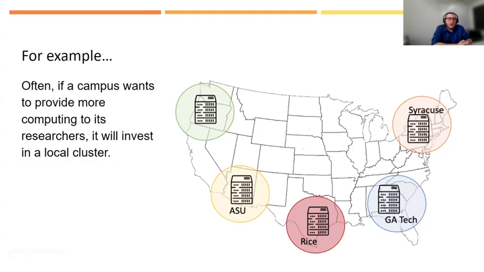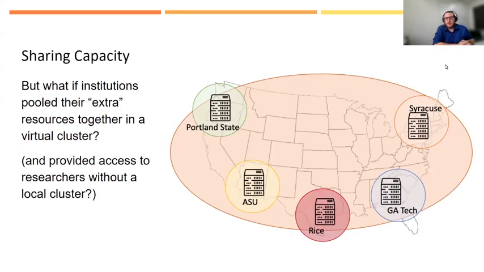Now, for the most part, that investment stays local, at least for the beginning. But as someone who's investing in building that cluster and building those resources, they like to see it being used. This is where the OSPool is going to come in here.